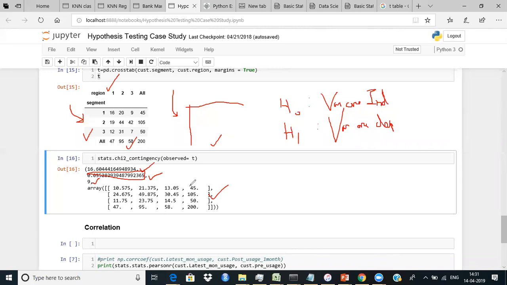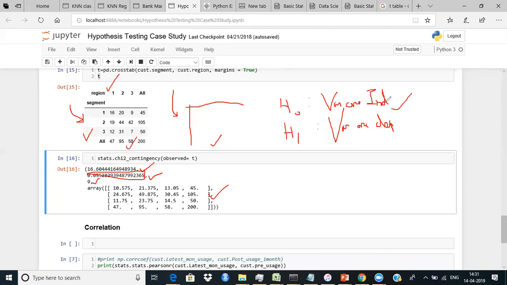What is the one thing that you need to remember from hypothesis testing? If the p-value is less than 5%, you reject the null. If the p-value is greater than 5%, you accept the null. So in this case, the p-value is greater, so they are independent. Make sense?